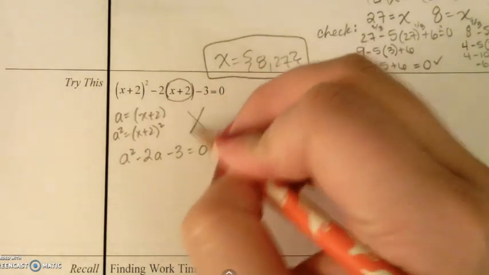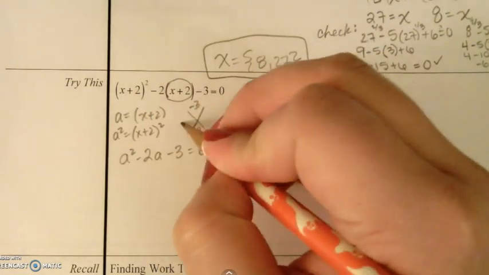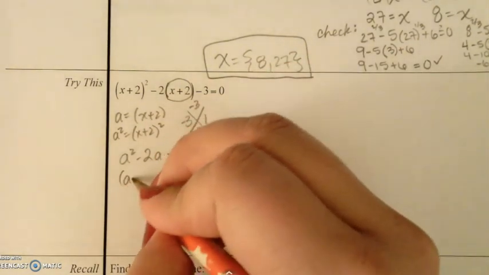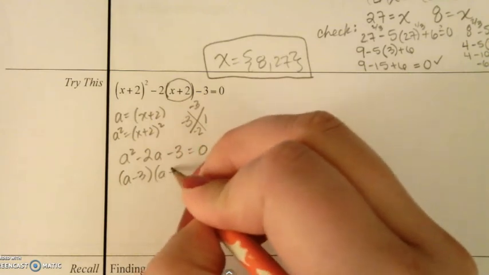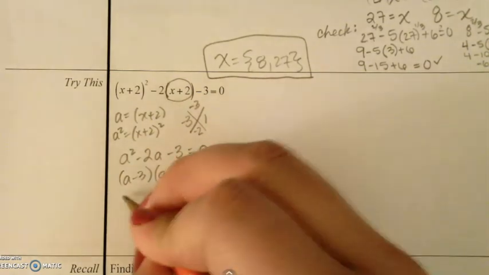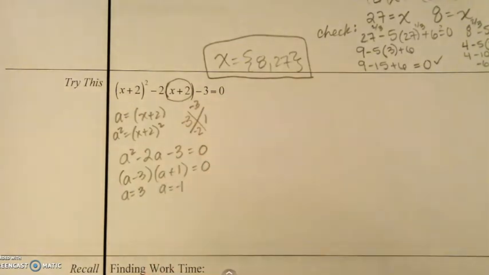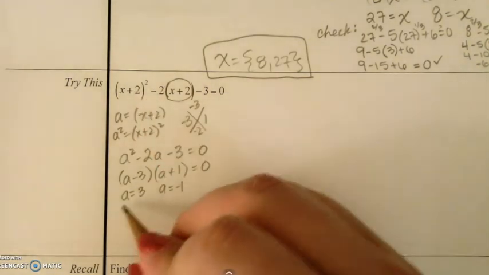What two numbers multiply to negative 3 and add to negative 2? That's negative 3 and 1. So we have a minus 3 times a plus 1 equals 0. a equals 3. a equals negative 1. But the question wasn't about a, the question is about x. So that tells us we need to substitute back.